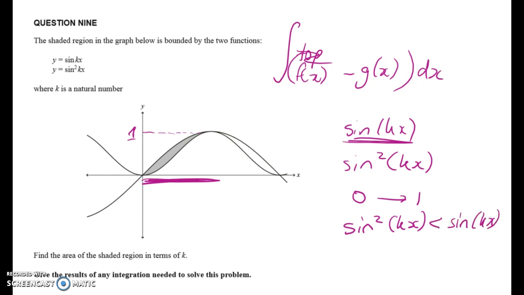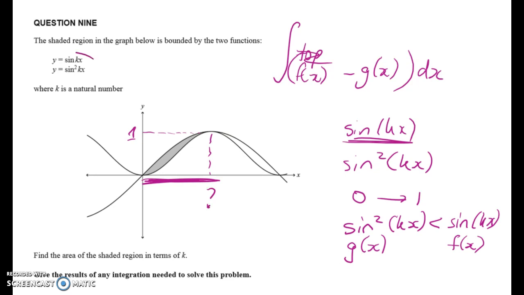That's useful because it tells me straight away that sine of kx will be f of x, the top curve, and sine squared will be the bottom curve. If you were going on further or doing things with cosine and sine, you've got to be really careful with switch-arounds there. But in our case, the only thing we've got to do here is figure out what is the value where they intersect.